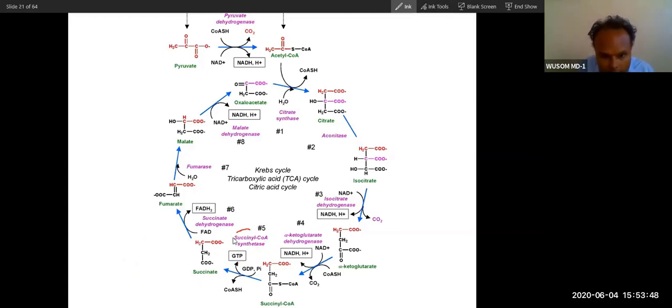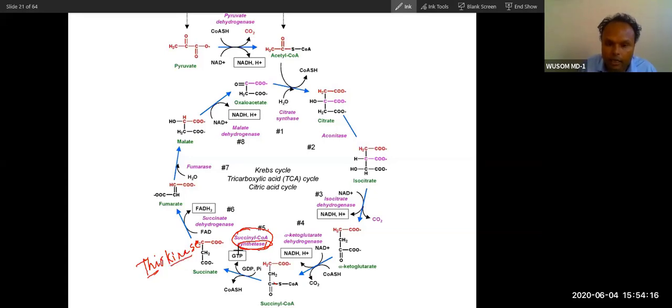This enzyme is called succinyl coenzyme A synthetase. Another name for this enzyme is succinyl coenzyme A thiokinase. In place of synthetase you can write thiokinase, because the coenzyme A has a sulfur bond; thio means sulfur. It breaks this bond and produces ATP.